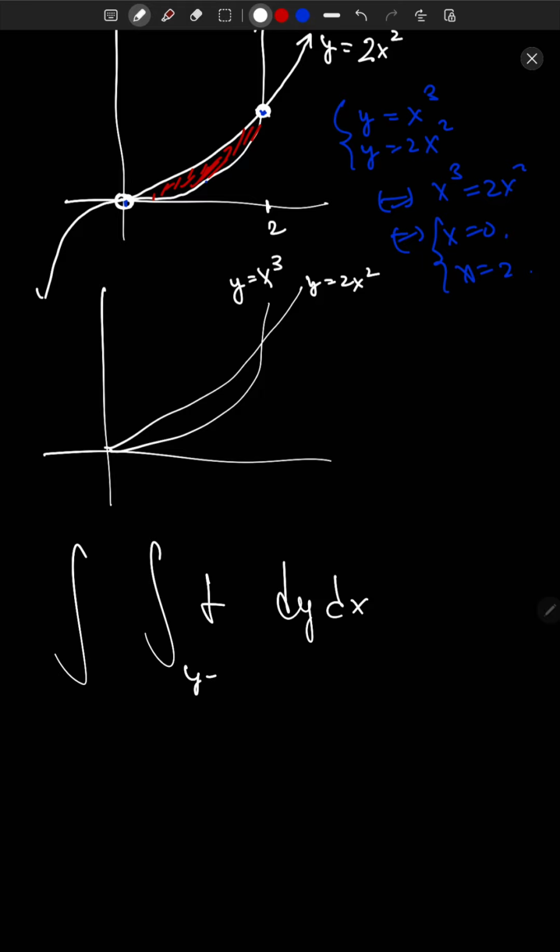Our integrals with respect to y are vertical integrals, right? Y is the one that's changing, so we represent it with vertical lines. And we can see if we want to fill this region up with vertical lines, the vertical lines consistently always start at x cubed, and they always end at 2x squared. So that means we go from y equals x cubed to y equals 2x squared.